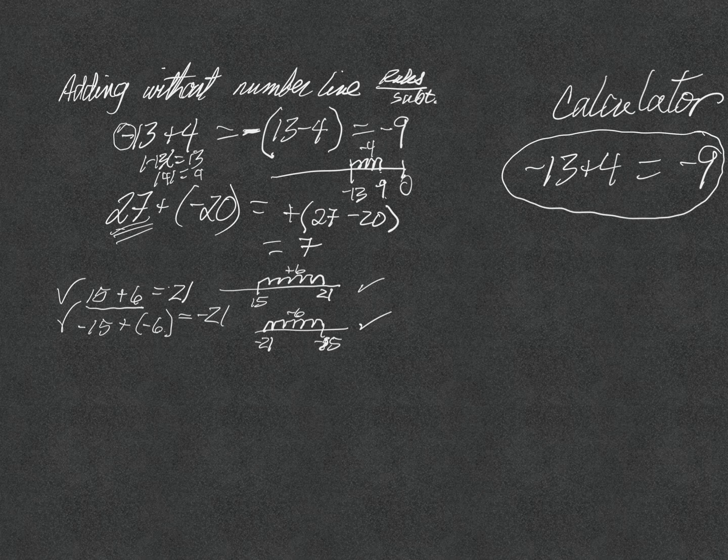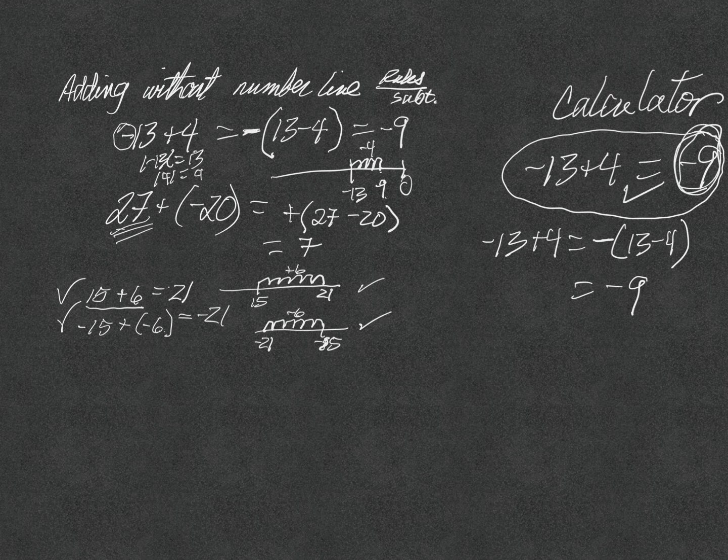However, if you try to think of the rule, negative 13 plus 4 is equal to 13 minus 4, difference of the absolute values, take the sign of the larger one, is equal to negative 9. And then you type this in your calculator to check and see if you're right, then that's a great approach, okay?